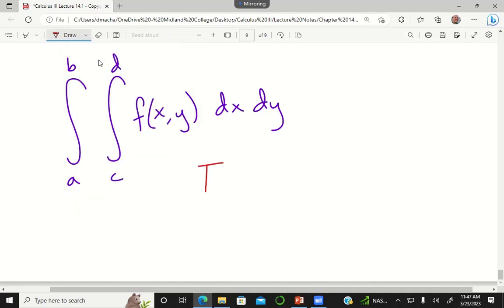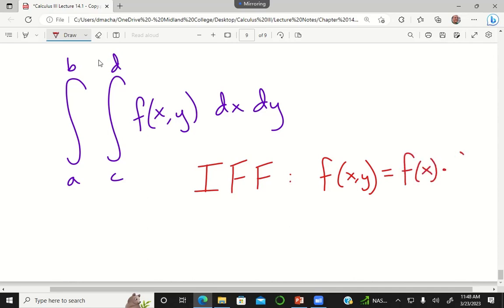This doesn't always work, but only if this function of two variables can be rewritten as a function of x times a function of y. Sorry, I shouldn't use the same letter. But if you can rewrite your function as some function of x times some function of y, then you can do this.